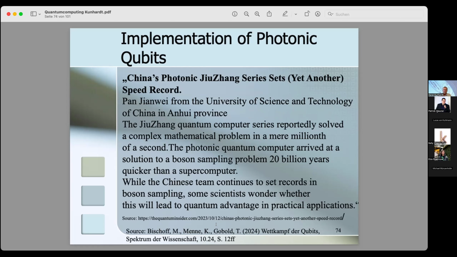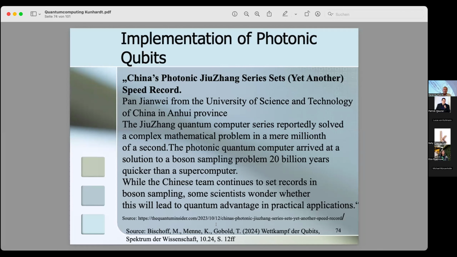The challenges are always a comparison of classical algorithms and an algorithm applied to this specific photonic quantum computer. For boson sampling, the quantum computer can solve problems that a classical computer would need 20 billion years more than this quantum computer to solve.